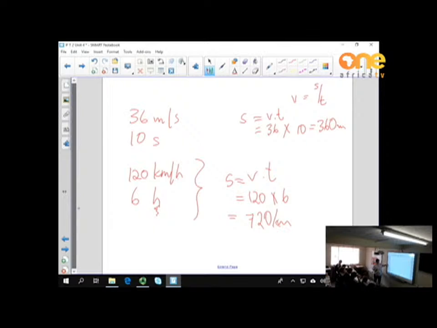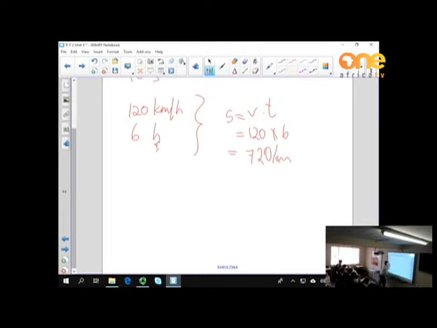C. A jet aircraft traveling at 900 kilometers per hour for 120 seconds. Now we have an example, one traveling at 900 kilometers per hour for 120 seconds.